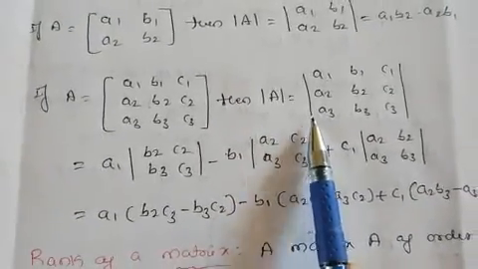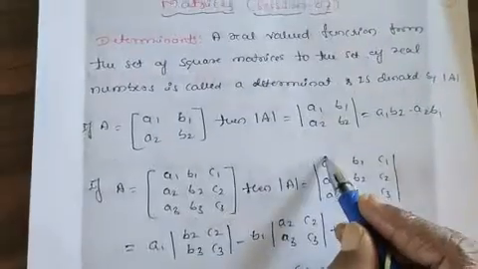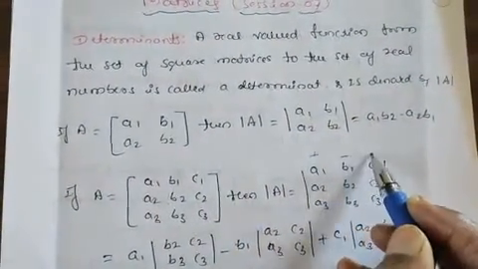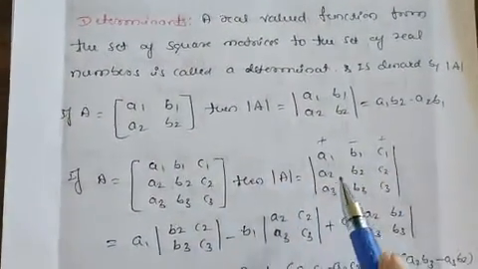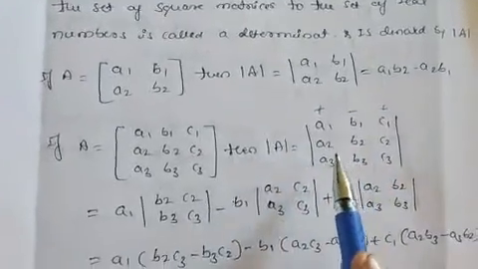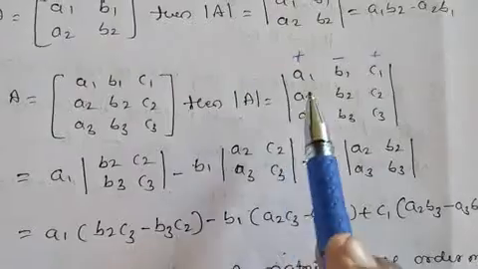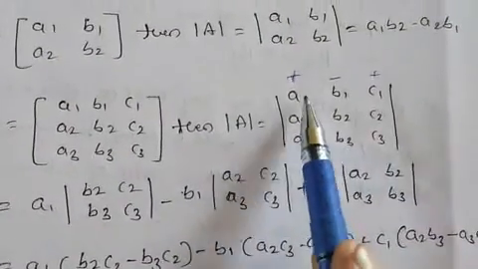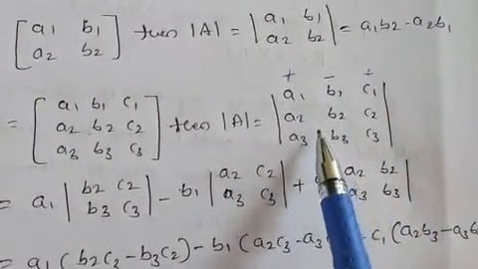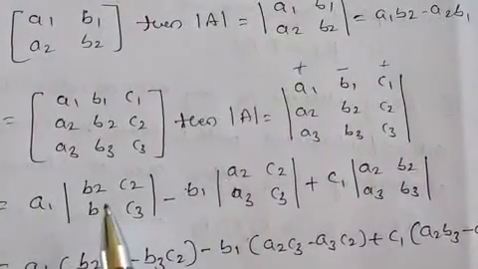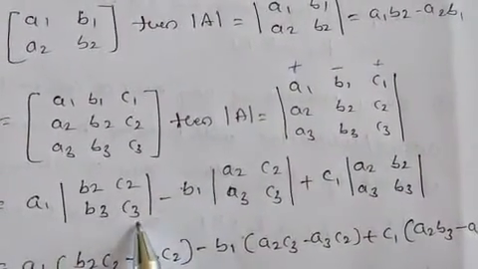Determinant of A is equal to, you write the signs as plus, then minus, then plus. The expansion is a1 as it is, the first element, then leave this column and this row and write the remaining elements, that is b2, c2, b3, c3.